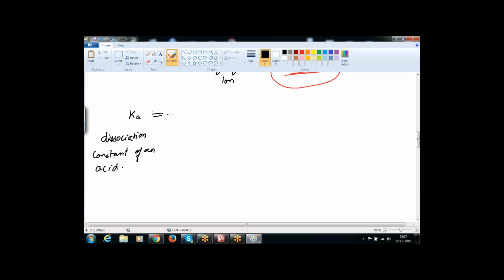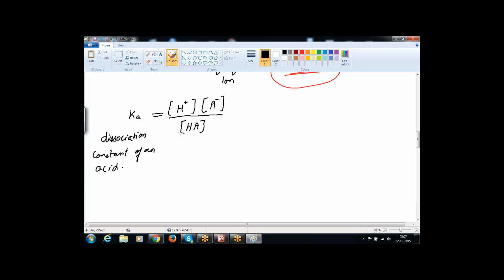It is equal to the H positive ion concentration times the A negative ion concentration divided by the undissociated HA.